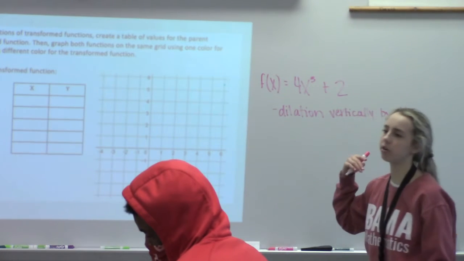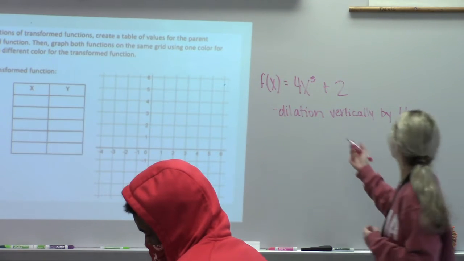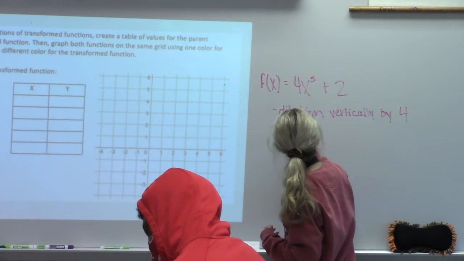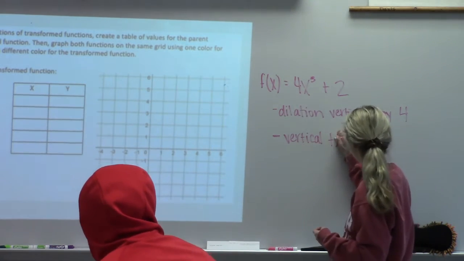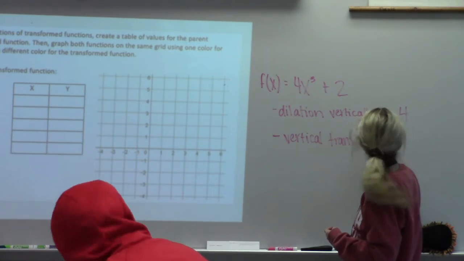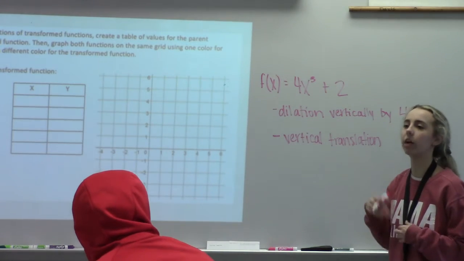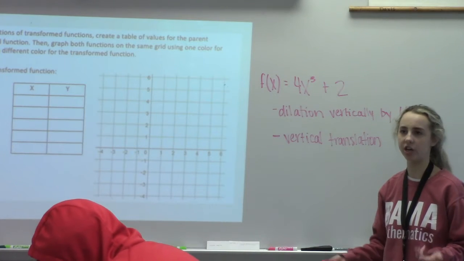Okay, so what other transformation do I have up here, Eric? Okay, so we have a vertical translation. So Jaden, can you tell me why this is a vertical translation? Okay, so what makes it a translation? Remember, translations are created from what 2 operations?